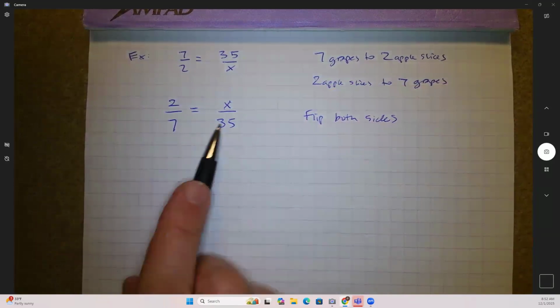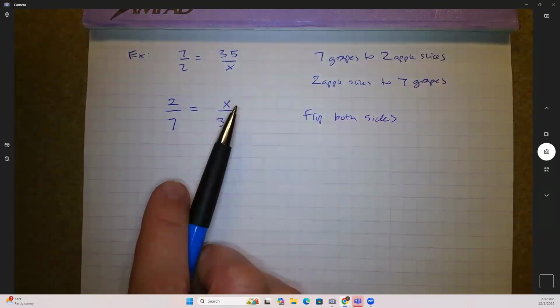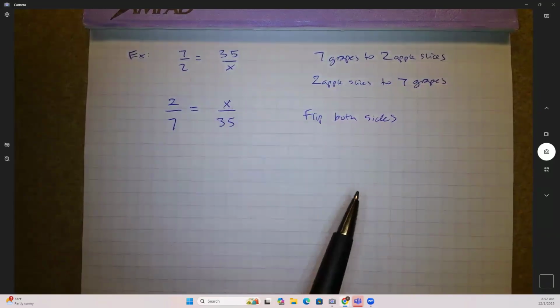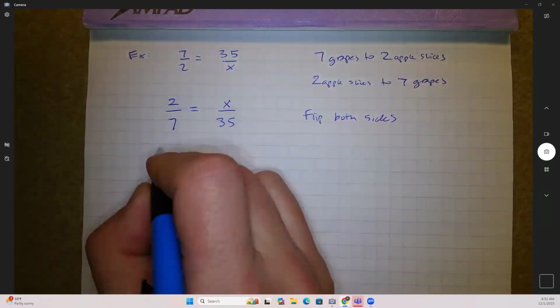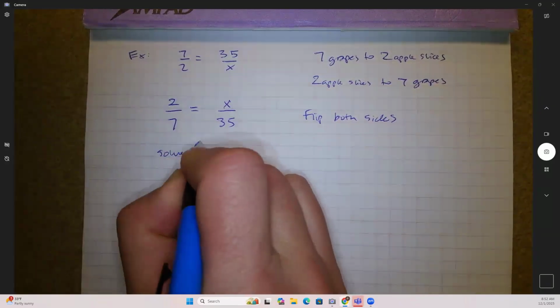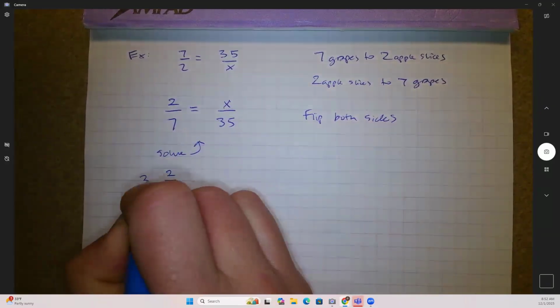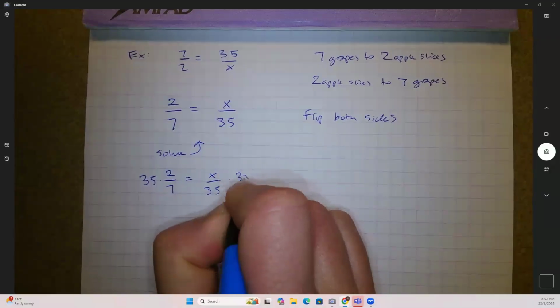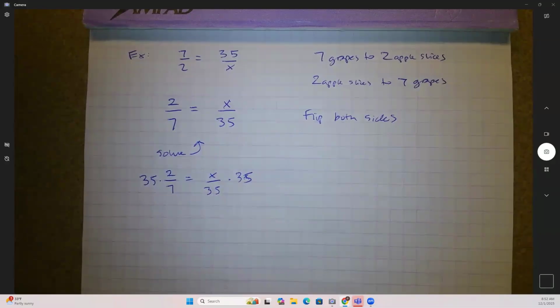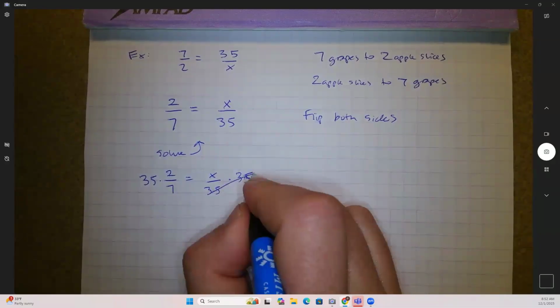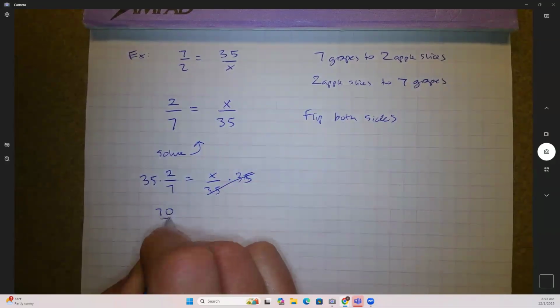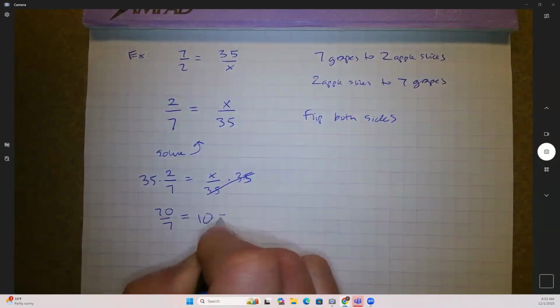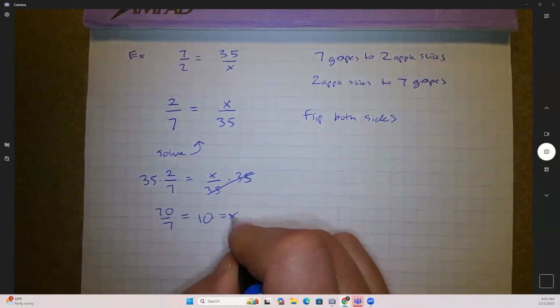And now I'm back in my super easy example, right? Where I only have to solve that equation, which is as simple as multiplying both sides by the 35. Right? There are fewer steps involved. And I still have 70 over 7, which is 10, which is x.